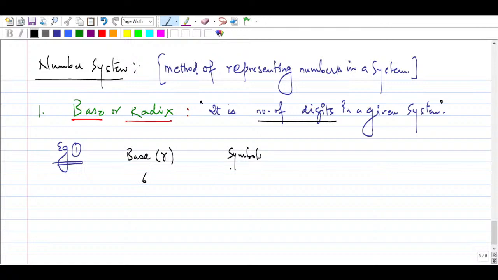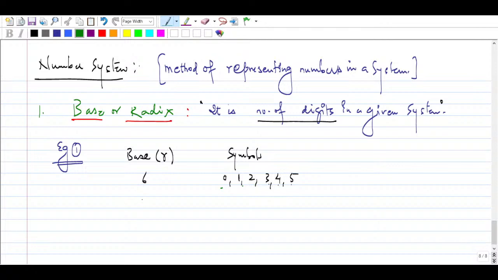How many digits will be there? You can see it has 0, 1, 2, 3, 4 and 5. It starts with 0 and ends with 5. You can count the number of digits here: 1, 2, 3, 4, 5, 6.